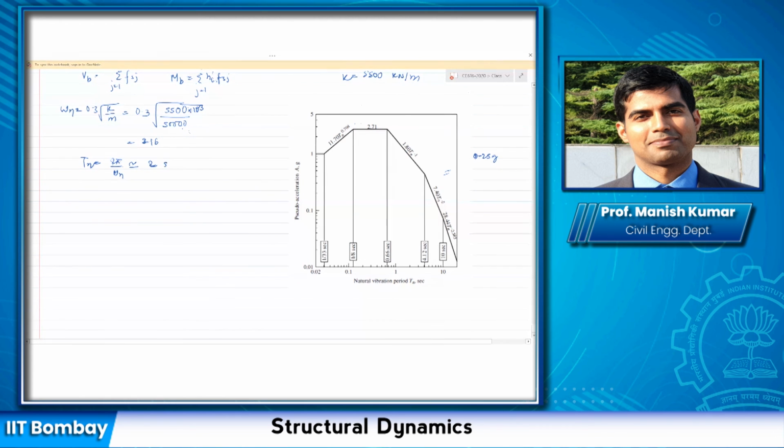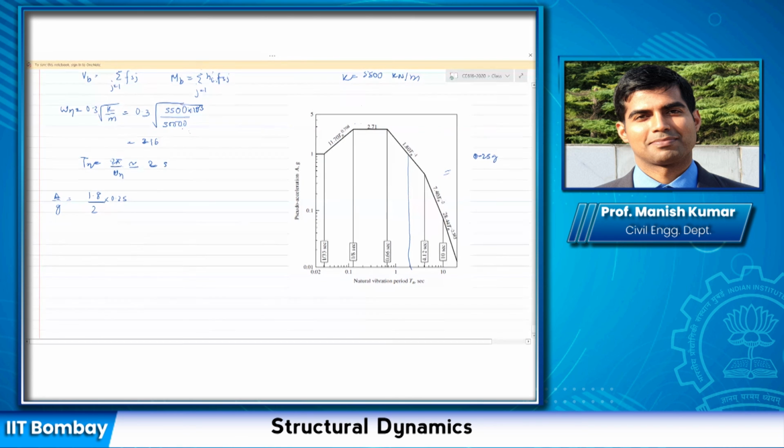Now, if I look at 2 seconds, this falls somewhere in between here. And it is given that the expression for the pseudo acceleration, A by g, is 1.8 divided by Tn, which is 2 here. Now this needs to be scaled to the 0.25 g response spectrum, so I need to multiply this with 0.25.